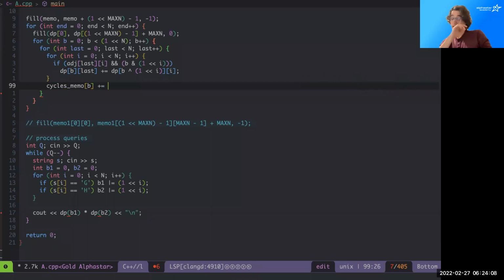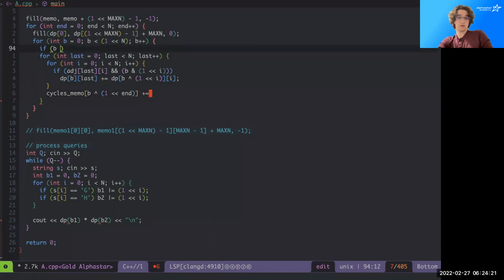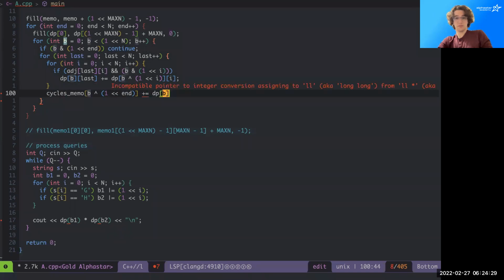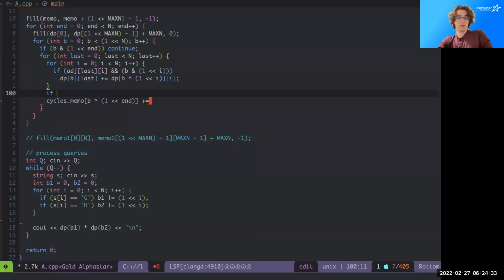We fix this endpoint. Well, it has to be end. Okay. So we're at one at the end plus equals dp. Adjacency into class.